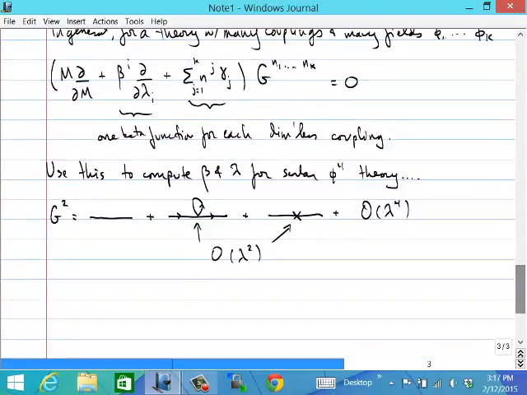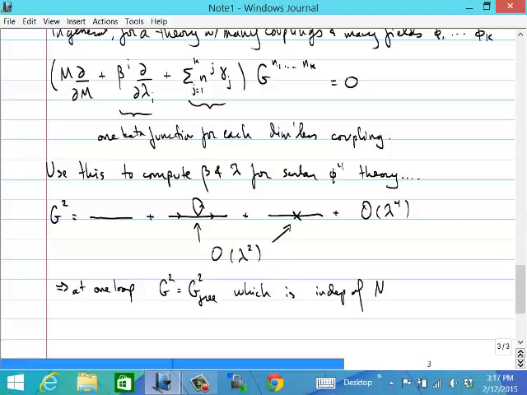So what that means is that at one loop, G2 is just given by its free value, which is independent of m.